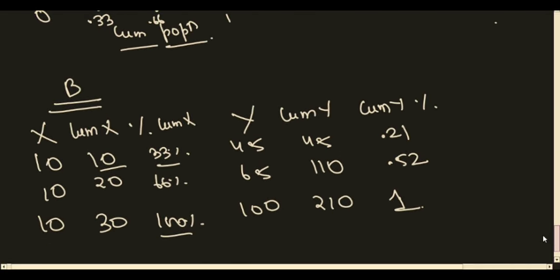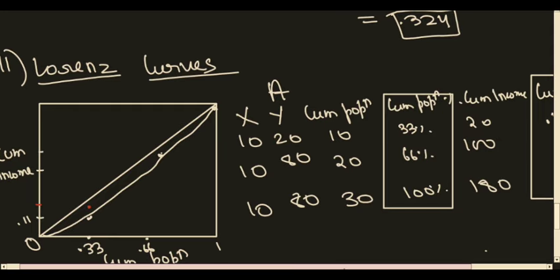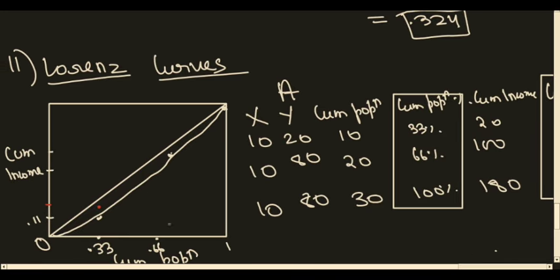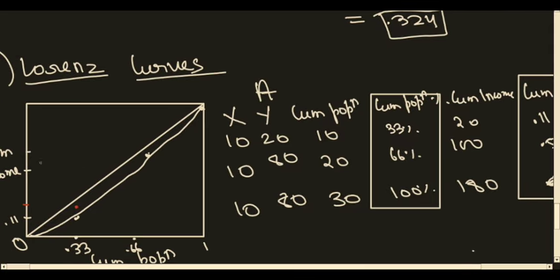Then for 0.66, we have 0.52. Okay. But for country A, it was 0.55. So it would be something like less than this.